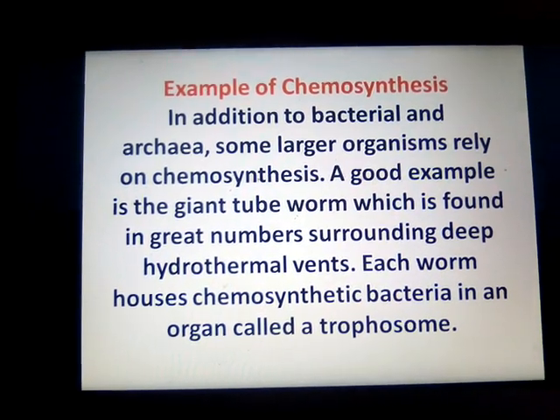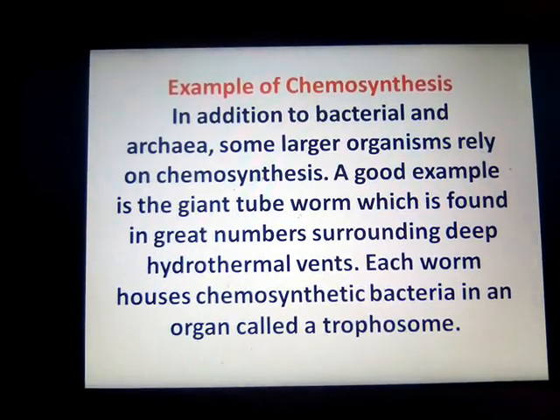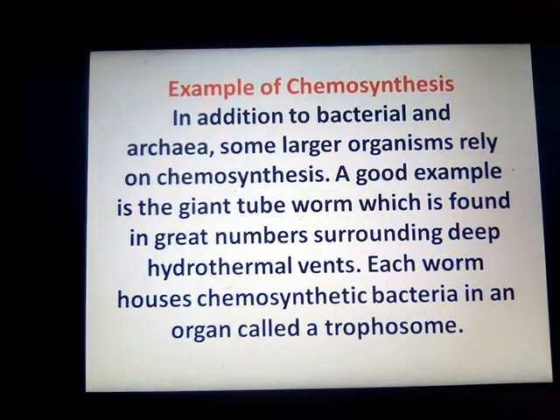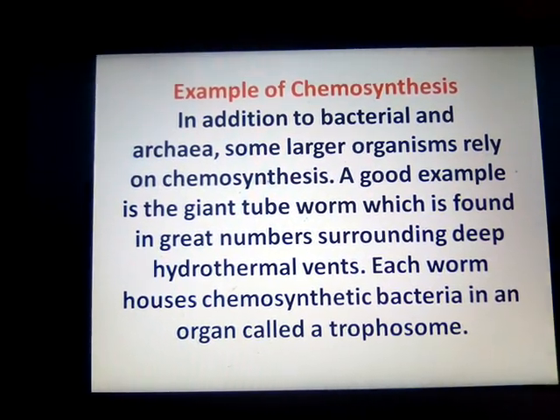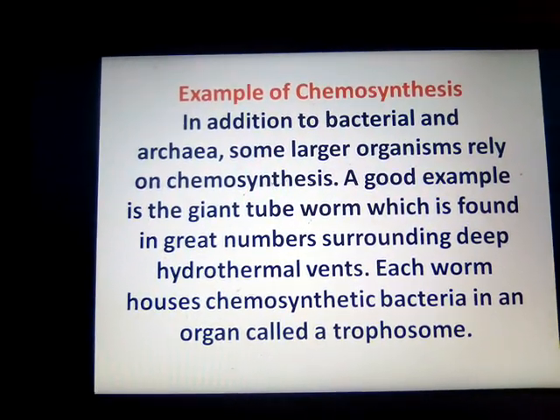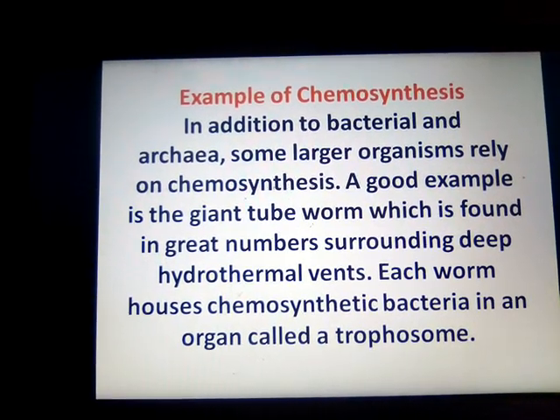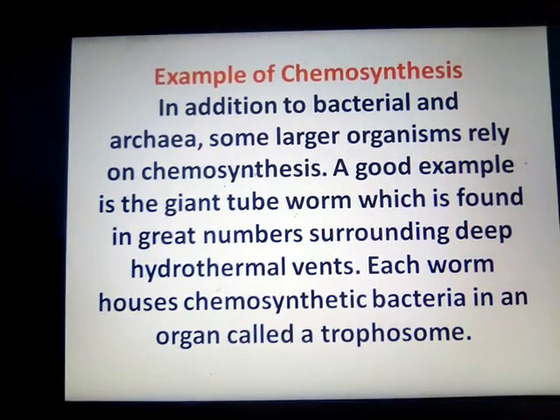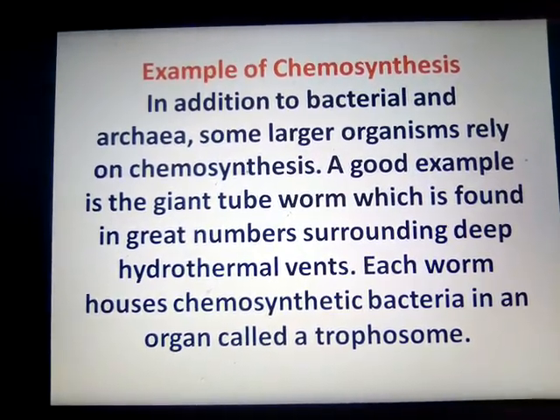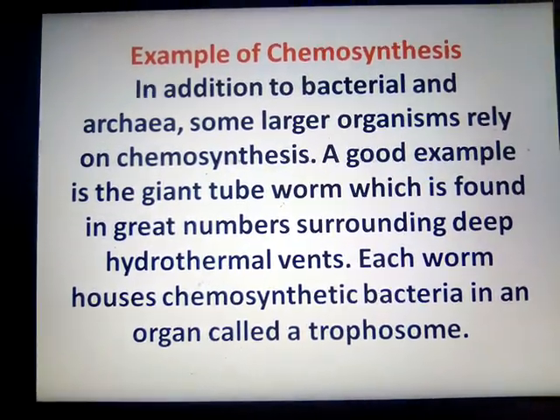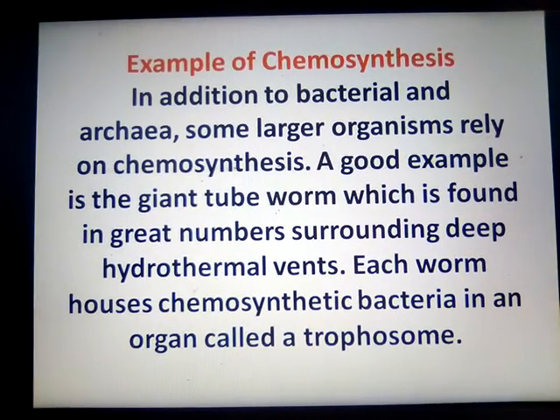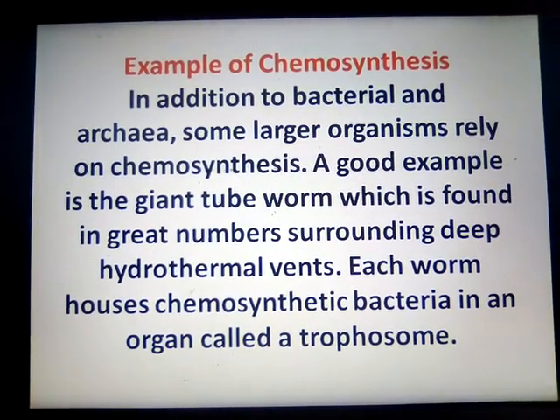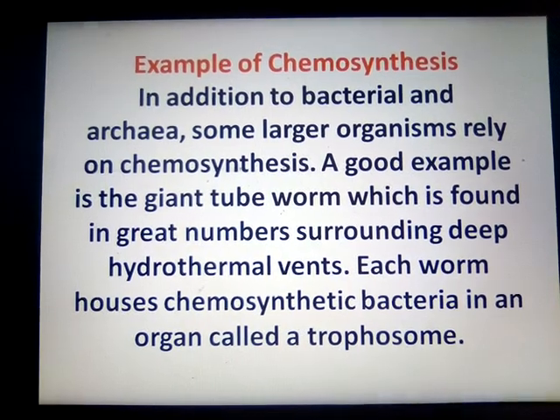Example of chemosynthesis. In addition to bacteria and archaea, some larger organisms rely on chemosynthesis. A good example is the giant tubeworm, which is found in great numbers surrounding deep hydrothermal vents.